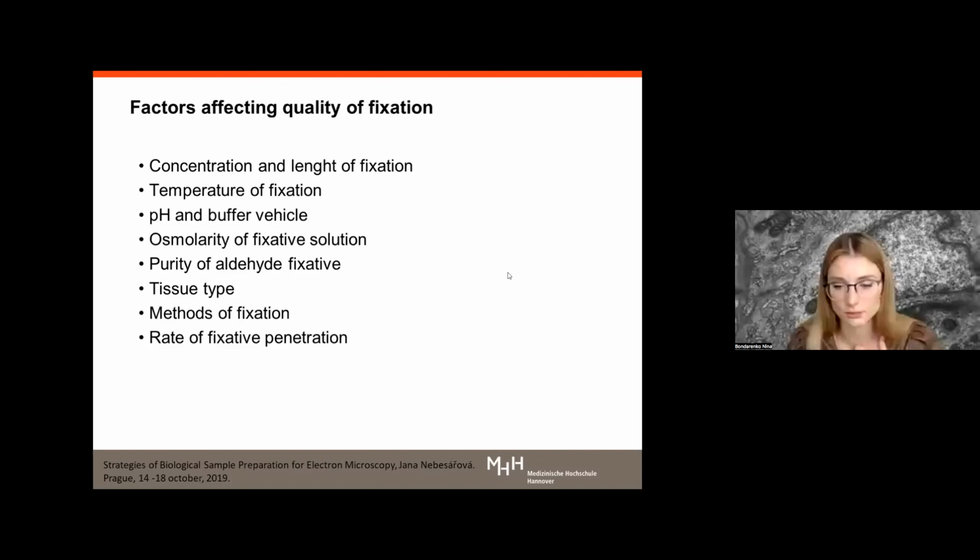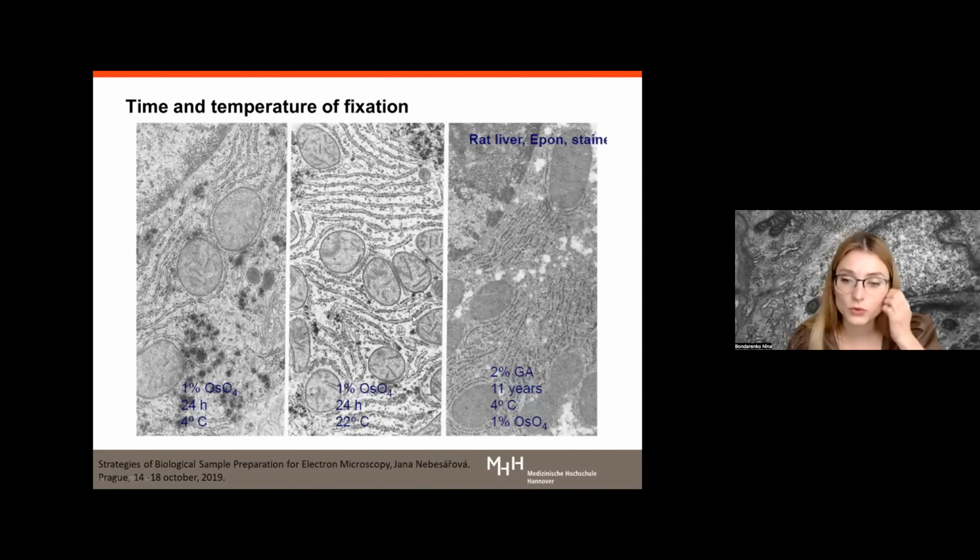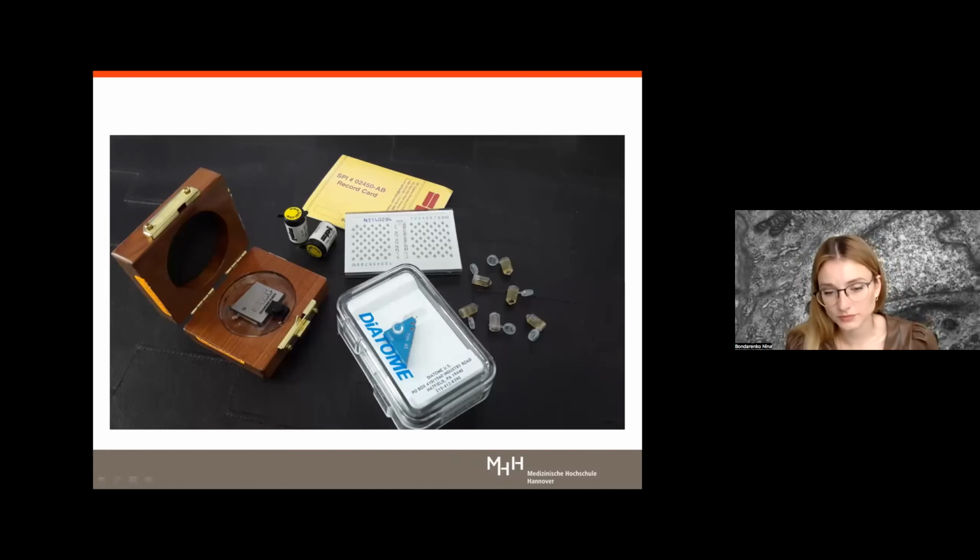This is how this block appears in the molds, and after that you will use a knife for the trimming and cutting of this block. Usually in my first years I used a glass knife, but after I leveled up and used a diamond knife.